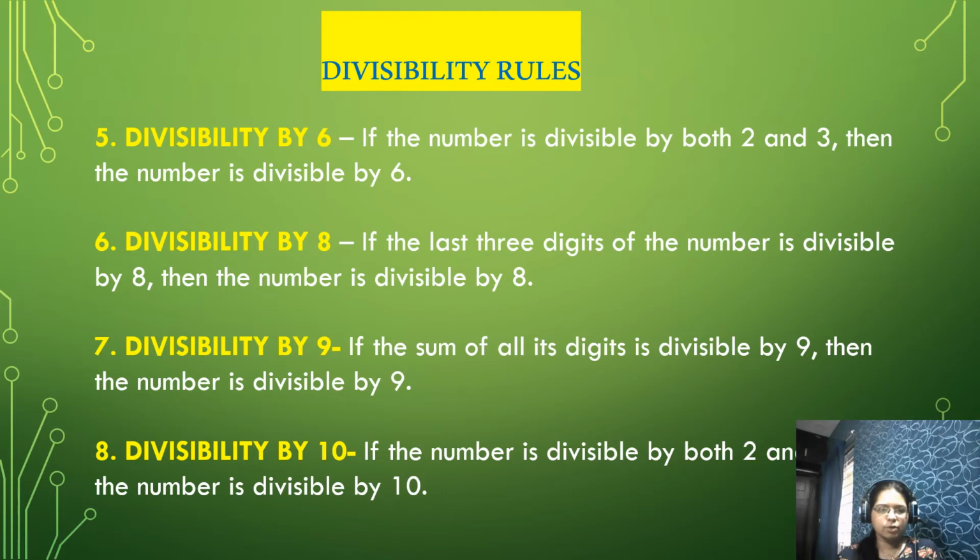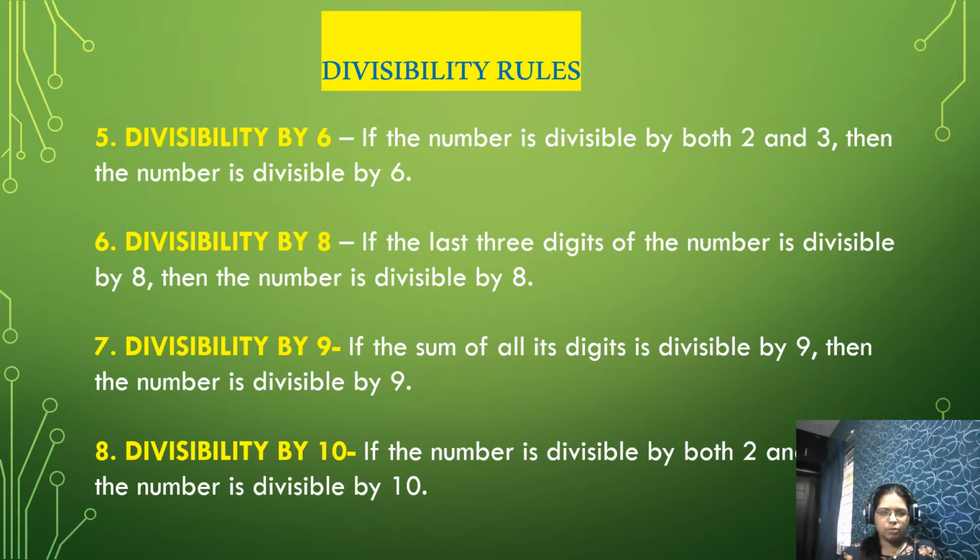Now we'll discuss the divisibility rule of 6. Divisibility by 6. If the number is divisible by both 2 and 3, then the number is divisible by 6. Divisibility by 8. If the last three digits of the number are divisible by 8, then the number is divisible by 8. Divisibility by 9.